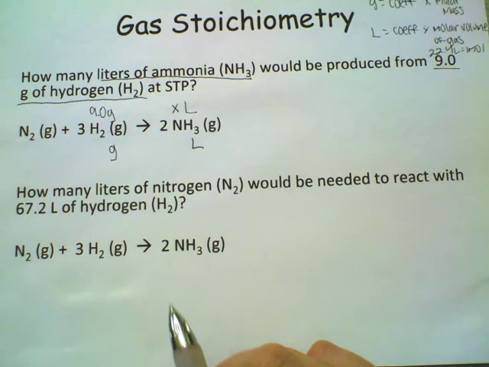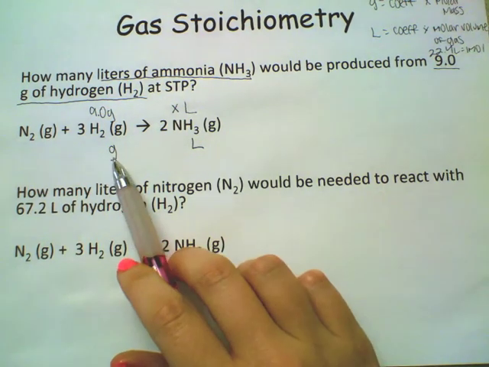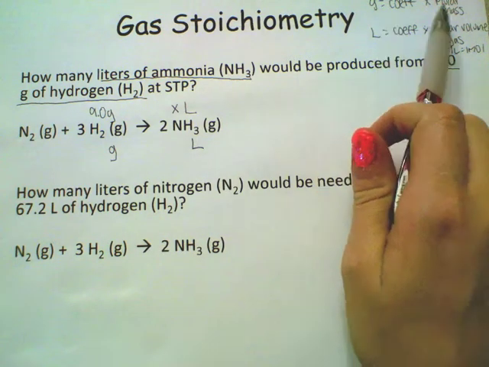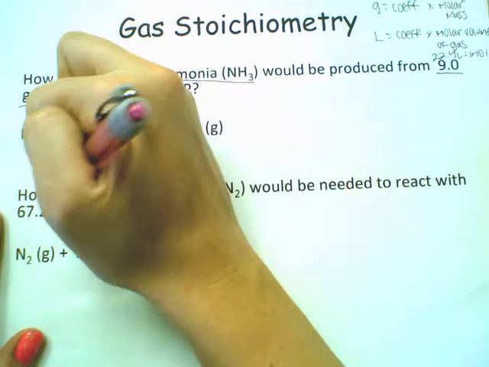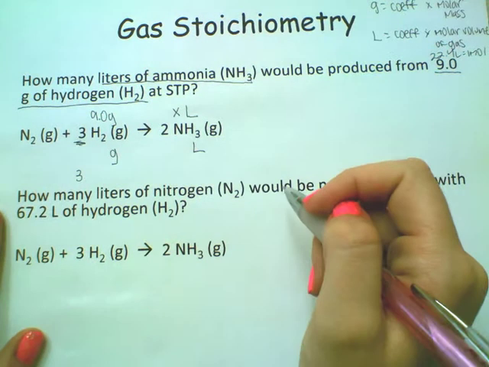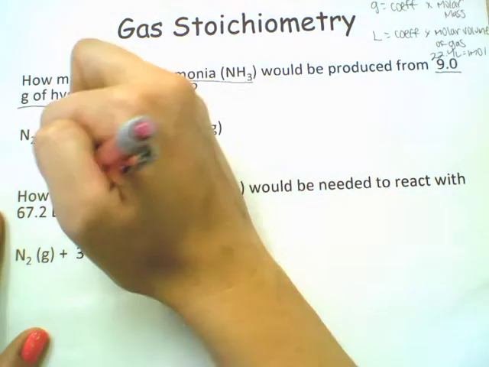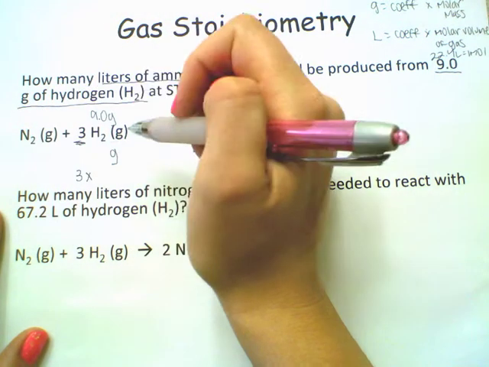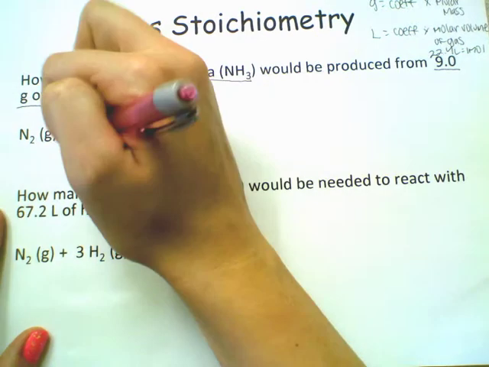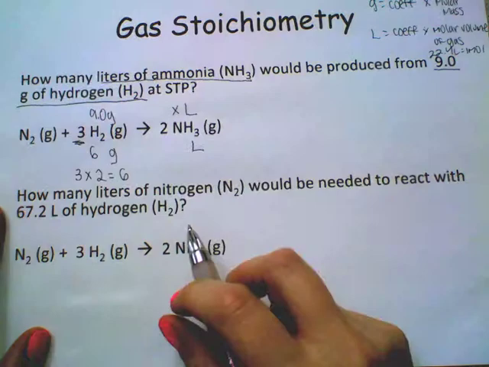Okay, so just like in the previous problems, anytime you bring down grams, you're going to multiply the coefficient by the molar mass. So the coefficient for hydrogen is 3. And then I'm going to look up the molar mass. The molar mass of hydrogen is 2. So that's the number I will write next to grams.